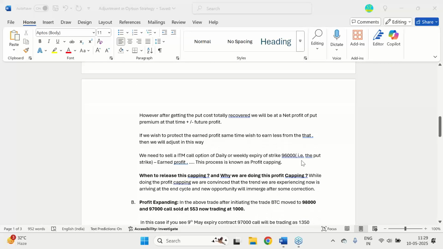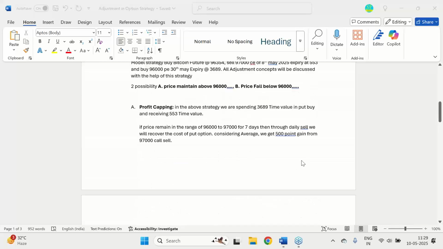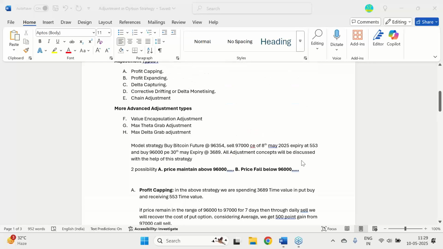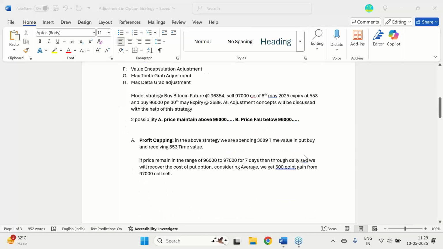So instead of selling an ITM call option, what are other processes? We can take a put option of a higher strike and keep selling the OTM call option again. We can take some in-the-money put option, say 98,000, 99,000 put option, and keep selling some OTM call option again. That is the second way. So for this strategy, this is the way. If you have other strategies, other ways will be there.